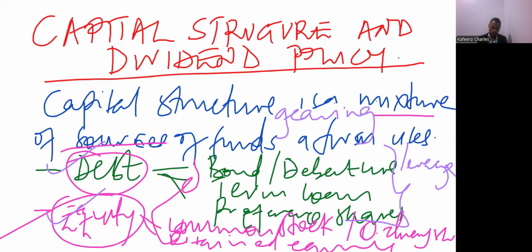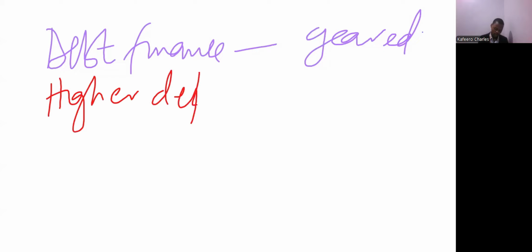Now, if you have a component of debt finance in your capital structure, we say you are geared. The moment you have a higher debt in your capital structure, we can conclude that you are highly geared.